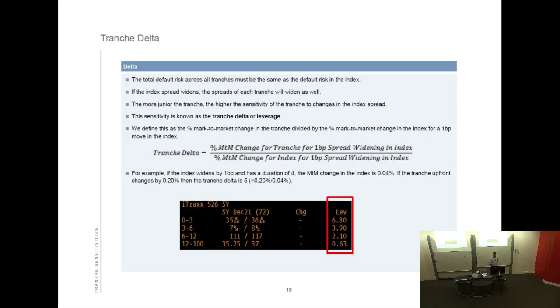The index spread is 72. When you buy protection on the index, you need to hold 0.6 times the index notional, so 0.6 times the carry of the index, 72. It's actually more than the 36 basis points you get on the tranche.